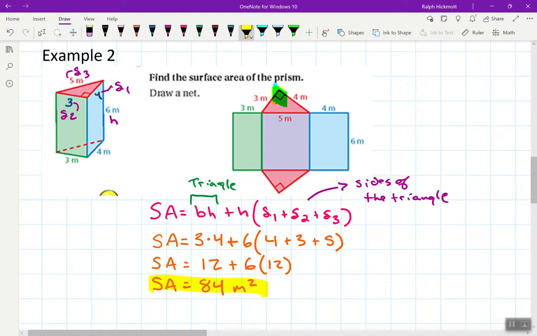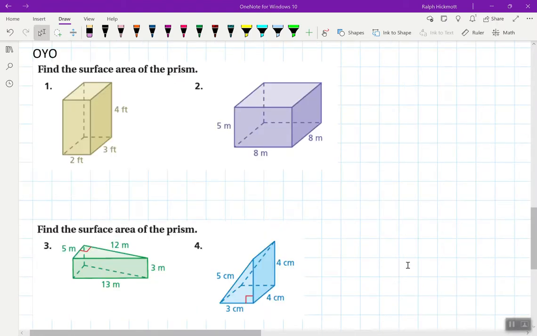If we need to pause this video, ask the sub to do so, and in a moment, I'm going to transfer you over to the OIO. All right, students, you should see that the screen popped and switched over to the OIO. At this point, I would like everyone to do the OIO. As usual, work with your shoulder buddy and the people around you to make sure you're on the right track.